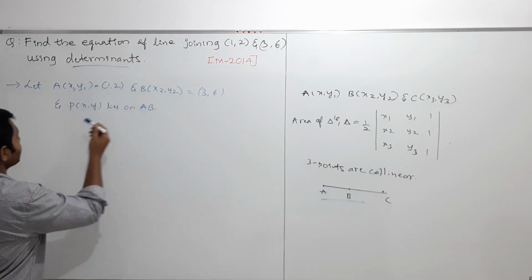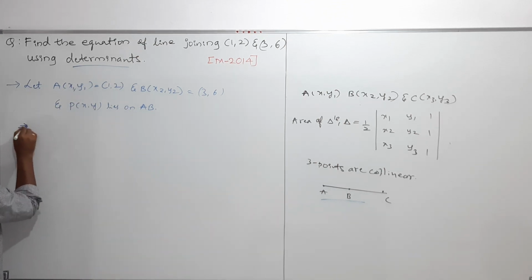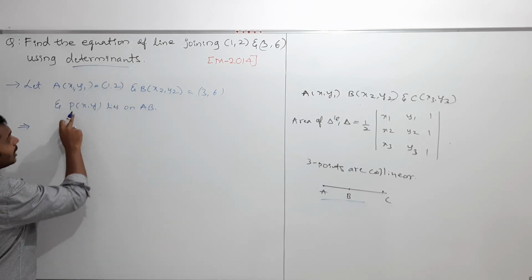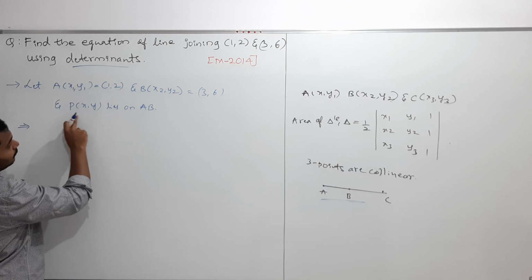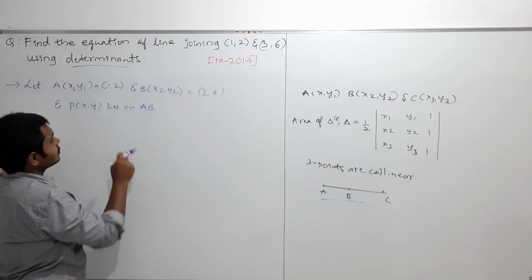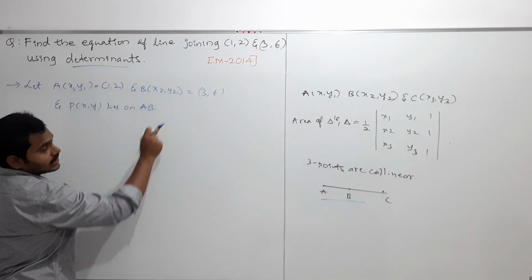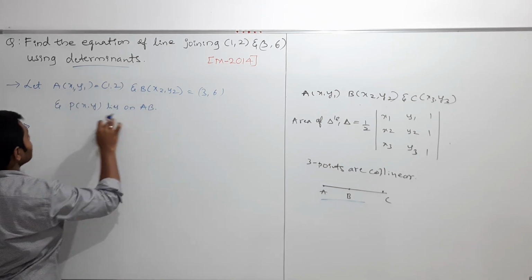Clear? Now, my dear students, what does this indicate? A and B are the 2 points on the line, and P of x, y lies on AB. I am taking P of x, y on the line where AB joins. It means that these 3 points are collinear.